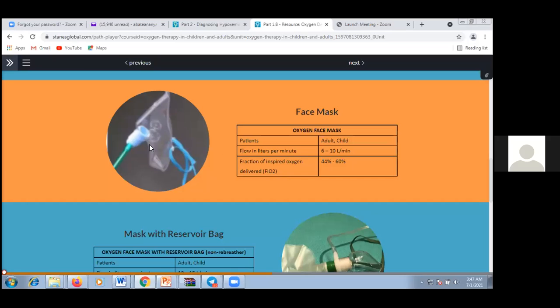So it's not advisable to use a lower rate of oxygen with a face mask. Six to 10 liters is recommended, and the maximum FiO2 you can achieve is 60%.